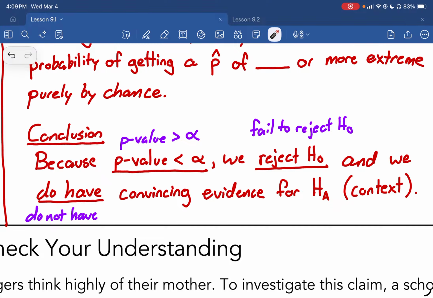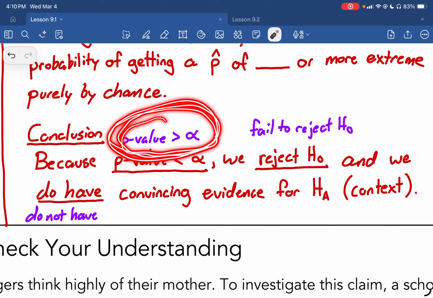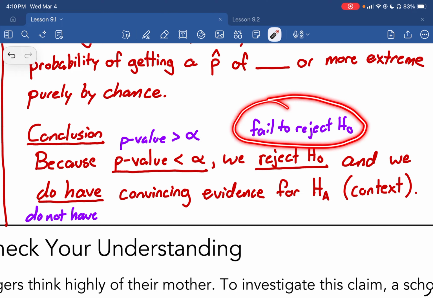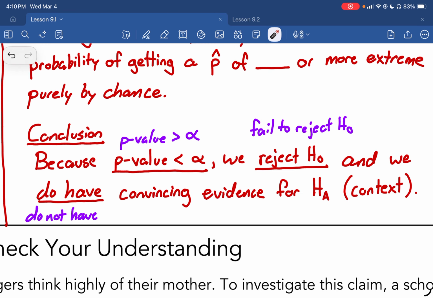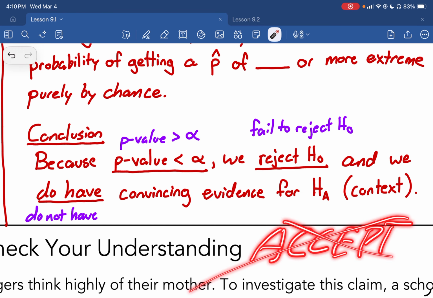What you'll notice in purple, if our p-value is greater than this alpha value that we choose, we fail to reject the null. And we do not have convincing evidence. Don't let this trip you up, though. We only have two options. We can either reject our null hypothesis or we can fail to reject. There is no such thing as accepting the null. We do not accept a single thing in AP stats.